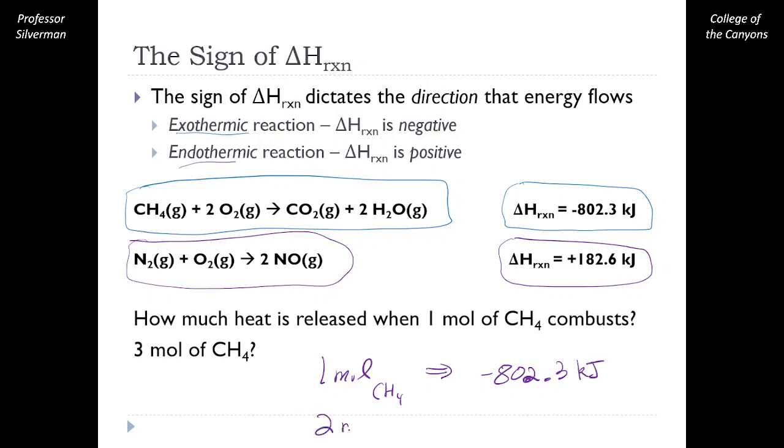If you have 2 moles of CH4, burning twice as much fuel is going to produce twice as much energy. If you have 3 moles of CH4, you're going to produce triple that amount of energy compared to our written out delta H value.